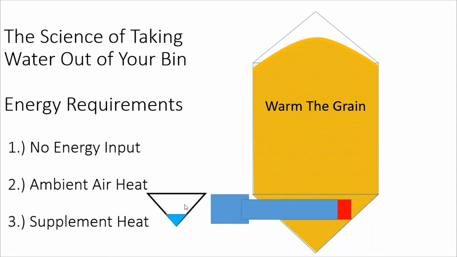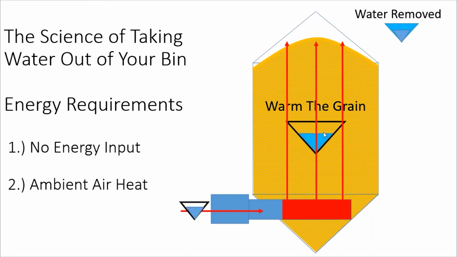If you have a dry supplemental heating system, you're adding no water, but even if you are adding some water, the ratio is such that you will always be warming the grain.